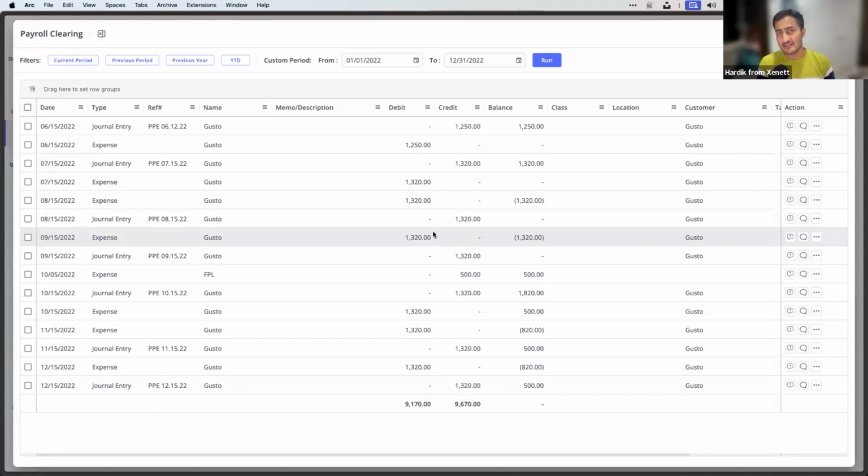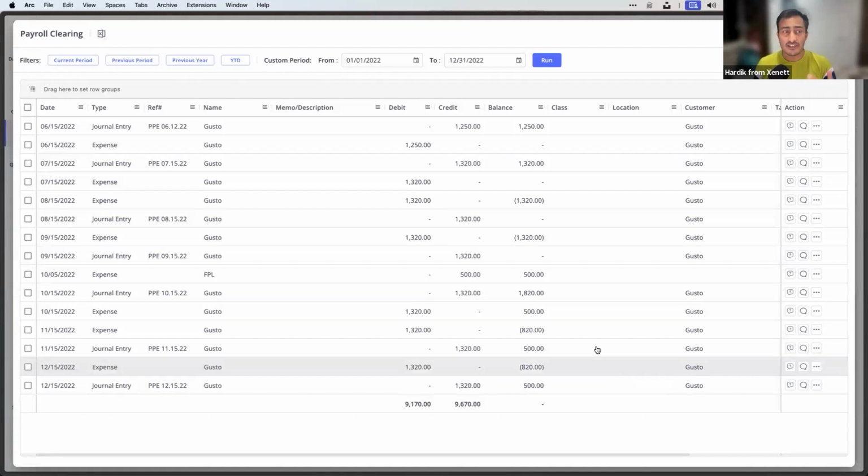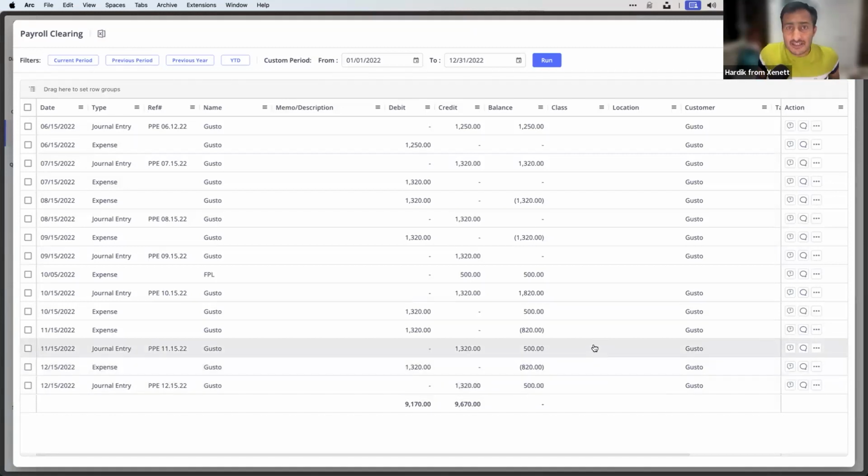And it all depends on how frequently you are paying your payroll. If it is weekly, then you would expect that the last week's payroll balance should be the balance of this account. If it is monthly, once in a month, then accordingly you can expect.